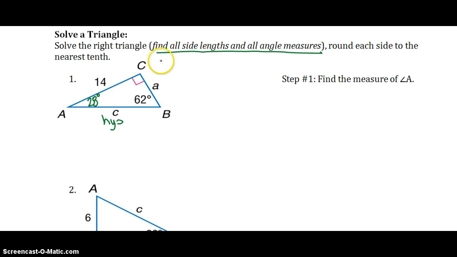Now I'm ready to use my trig ratios, my chief SOH CAH TOA, and I'm going to stand at the corner that they gave me. Since they gave me the 62 degrees, just in case I made a careless error, I don't want to use the 28-degree angle. Let's always use the angle that they gave us.